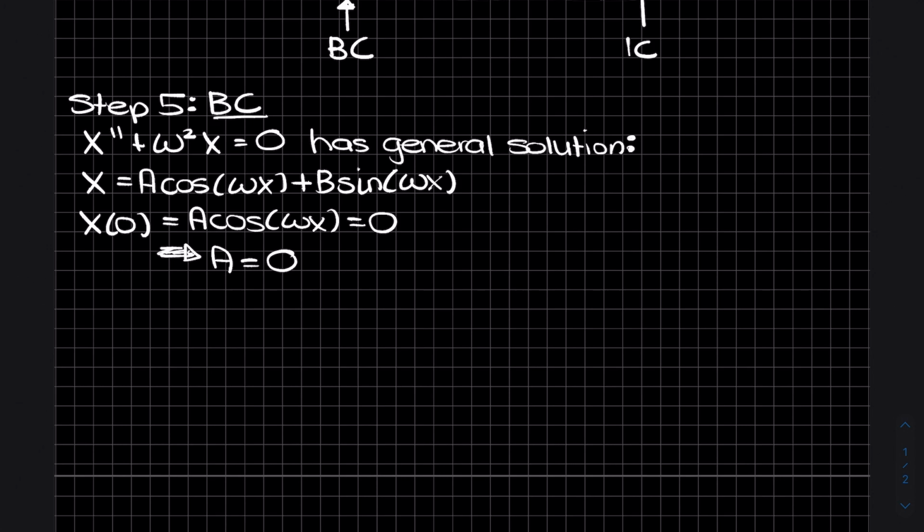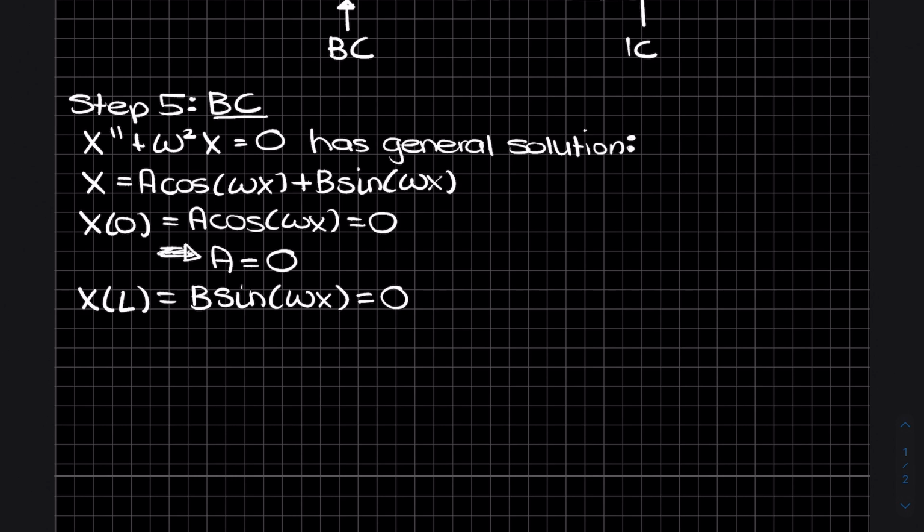And then the next one is x of L, and just remember that a is still equal to 0. So using this general solution up here where a equals 0, we're just left with b sine lambda x, and that should also equal 0.